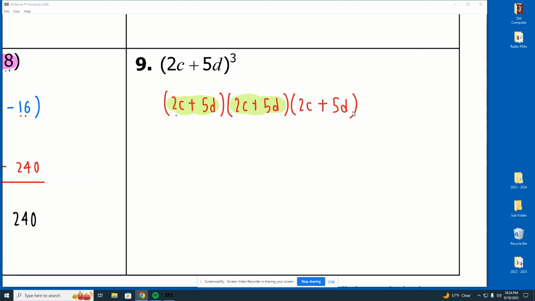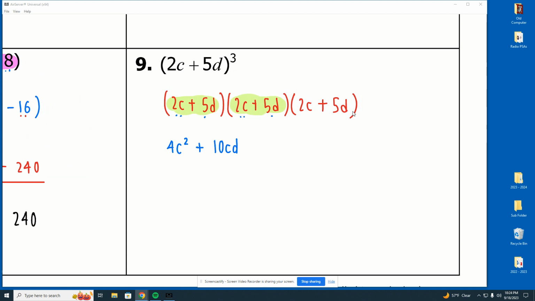Okay, watch. 2c times 2c is 4c squared. 2c times 5d is positive. 2 times 5 is 10, and c times d is cd. But then we switch over and we go 5d times 2c.